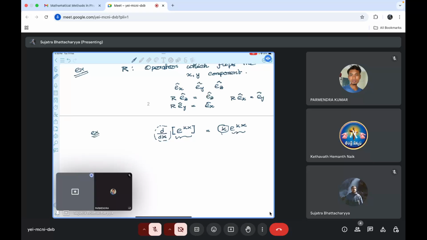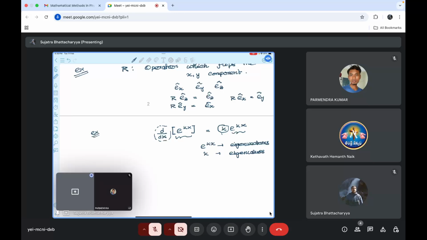E to the power kx is a special one, where you will get this kind of an expression. So I can write from this expression that e to the power kx are the eigenvectors, k is the eigenvalue, right? Many eigenvalues can come.